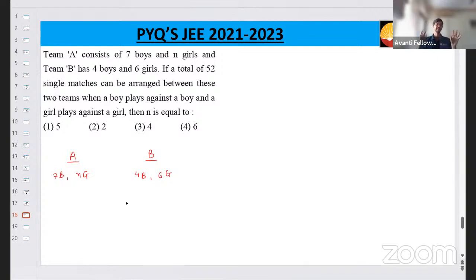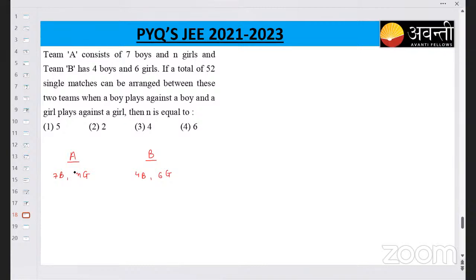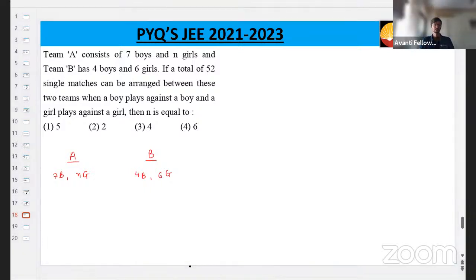When boys play against boys, boys of team A play against boys of team B, and girls of team A play against girls of team B. Correct? So if boys play against boys, you have to select a boy from team A and a boy from team B, which will give us 7 into 4, which is 28.